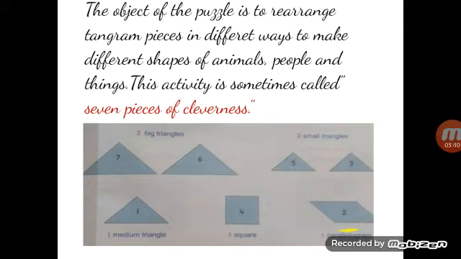This activity is sometimes called 7 pieces of cleverness, because here we are using our brain. With what? With the 7 pieces. With 7 pieces of that paper, we are making different things such as animals, people and things. That's why it is also called 7 pieces of cleverness.